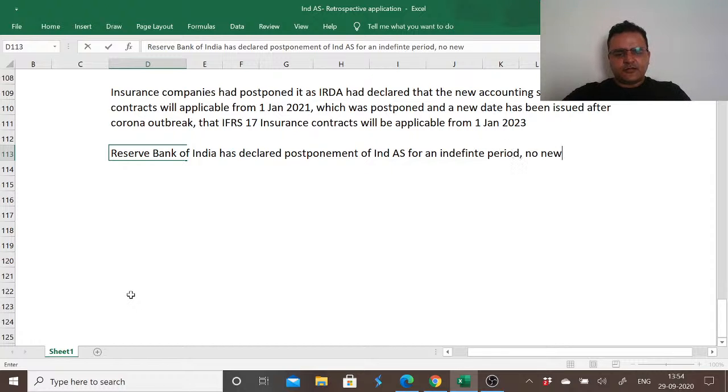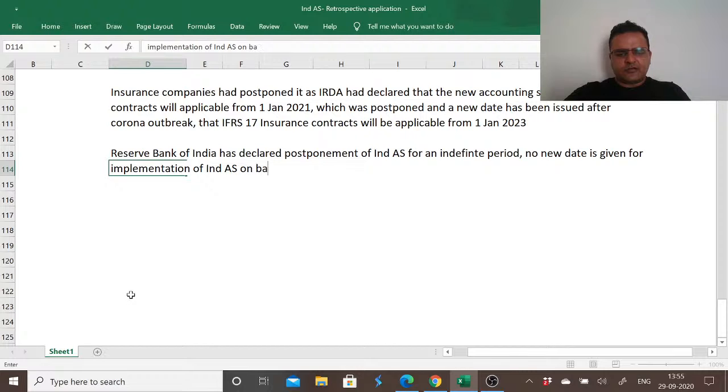So no new date is given for implementation of Ind AS on banks.